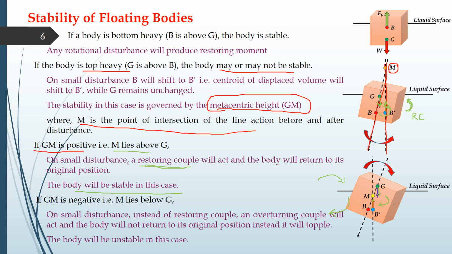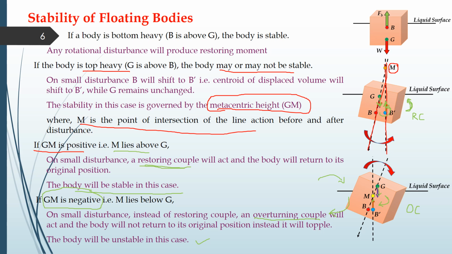We call this couple an overturning couple, which will not bring the body towards its original position; rather, it will overturn the body. So the body will be unstable in the case where GM is negative.